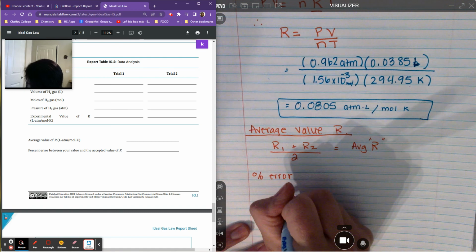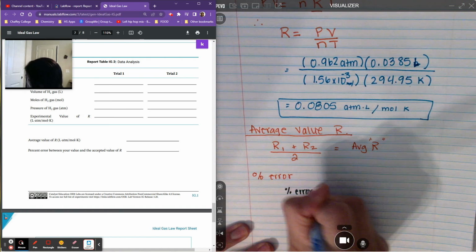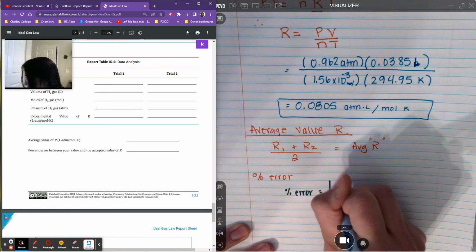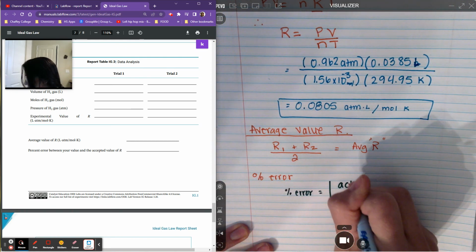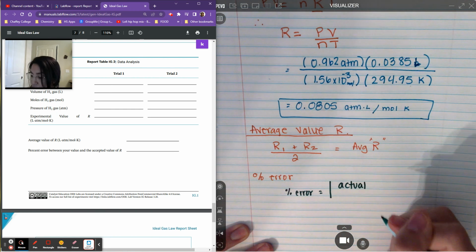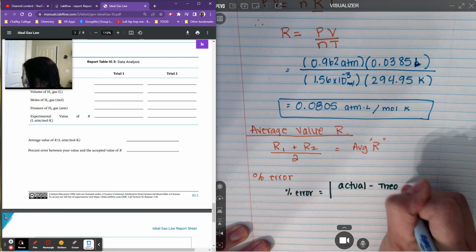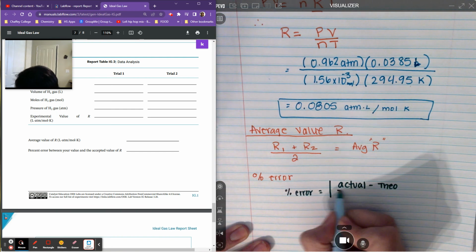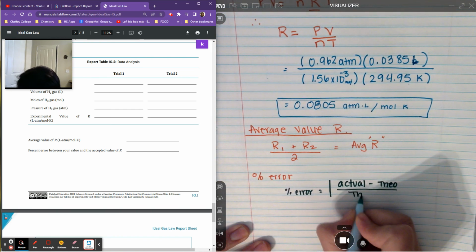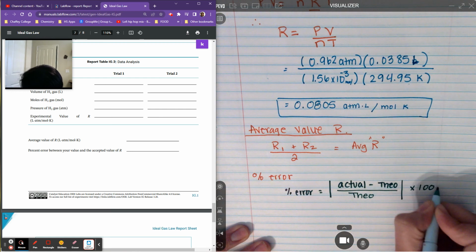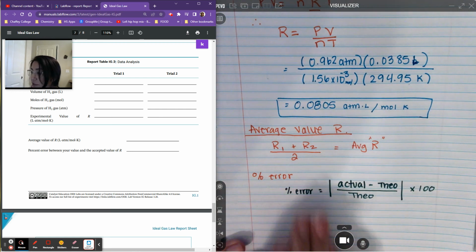So percent error is equal to the absolute value of the actual value that you obtained minus the theoretical value, divided by the theoretical value, times 100. And that's going to give us your percent error.